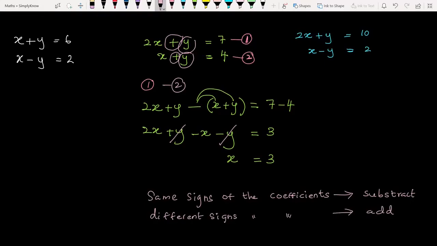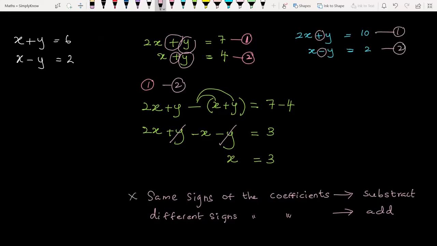Now look here. In the third pair of simultaneous equations, can you see that? The unknown which has the same coefficient is y. The coefficient is 1 in both equations. But the signs, they are different. So if you need to eliminate y, remember, you need to add two equations.